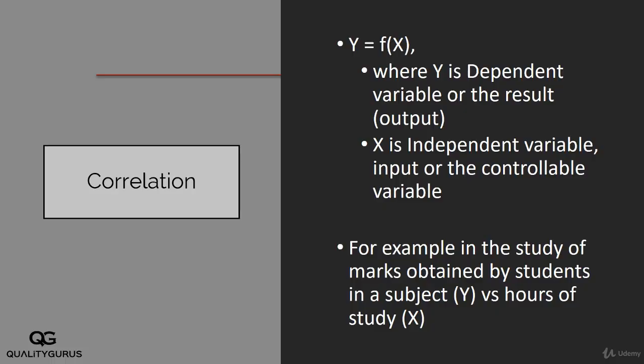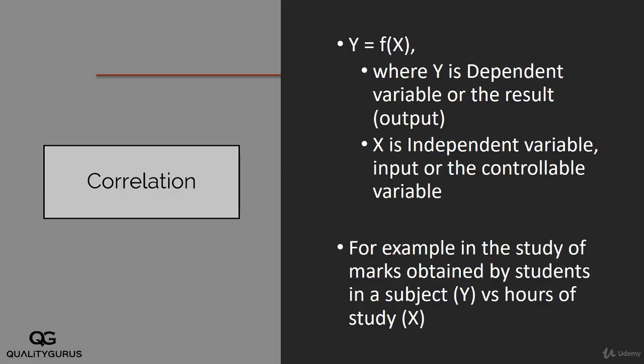Similarly, take another example of studying and appearing in a test: how many hours I study and how many marks I got in that test. That could be one case where you can use correlation. What I want to prove here is that the number of hours I study will influence the marks which I obtain.